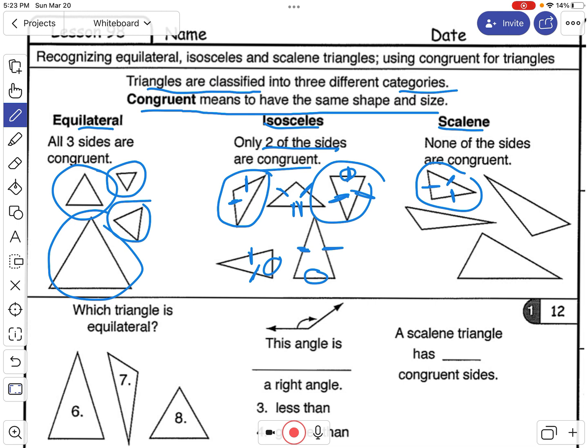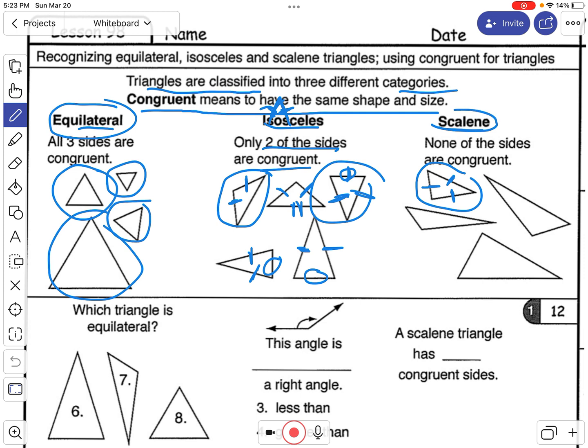Now, how can you remember these words? Well, equilateral sounds like equal, and each side is equal or congruent to each other. Isosceles, how I remember, is it's got an SOS right in the middle, and I draw a little peak up at the top here, a little point from S to S, because S and S means side and side. I've got 2 sides that are the same, S and S. And that's not in any of these other words.